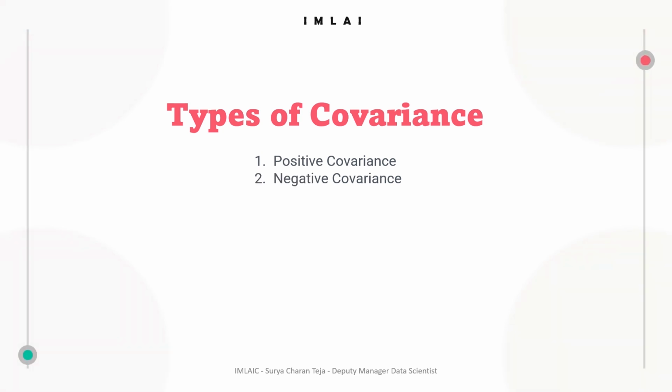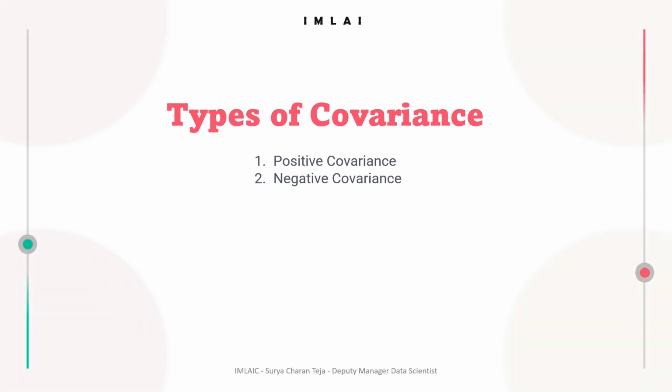And the second one is negative covariance. When two variables have a negative covariance, the variables shift in the opposite direction, inversely proportional. It's the inverse of positive covariance, in which higher values of one variable correlate to lower values of another, and vice versa.